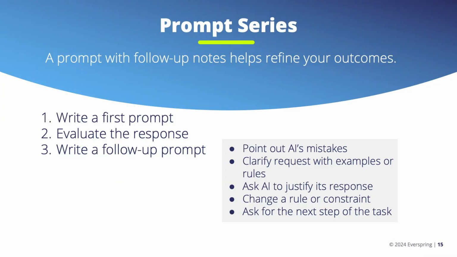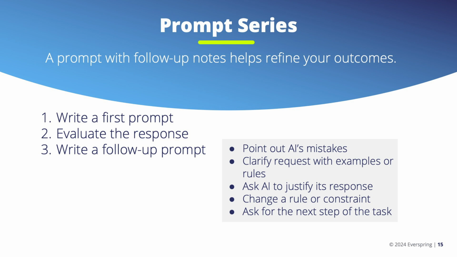So, how can you effectively use the prompt series technique? Let's break it down. First, start with an initial prompt. This will be a clear and concise question or statement that sets the stage for the conversation. For example, you might ask, "Explain machine learning to me." Next, evaluate the AI's response. If the output is unclear, incomplete, or too general, then refine your prompt to address specific points.